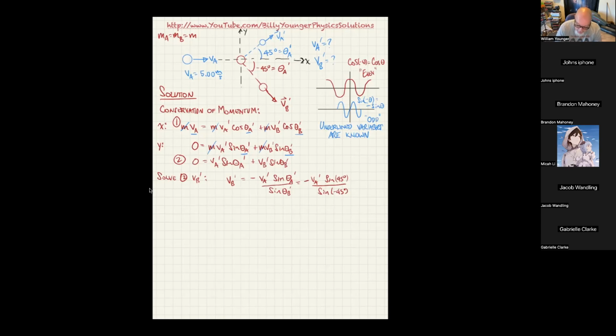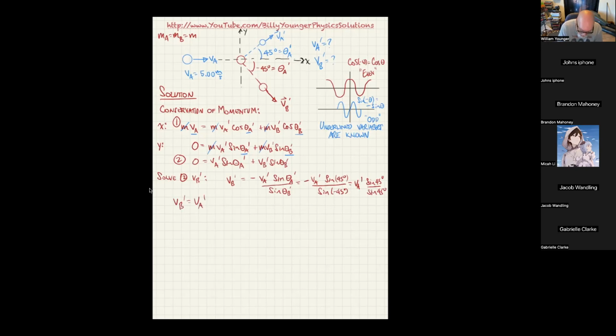What we get here, though, is basically that the sine of negative 45 is going to be the negative of the sine of 45. So we're ultimately just going to get VA prime times the sine of 45 over the sine of 45, which of course gives us that VB prime is equal to VA prime.